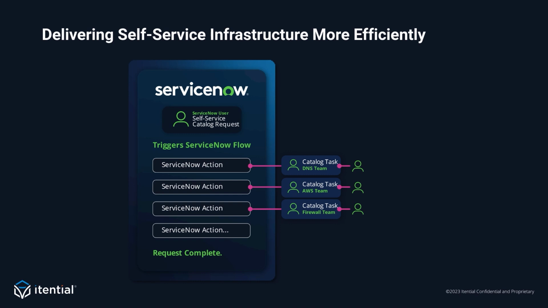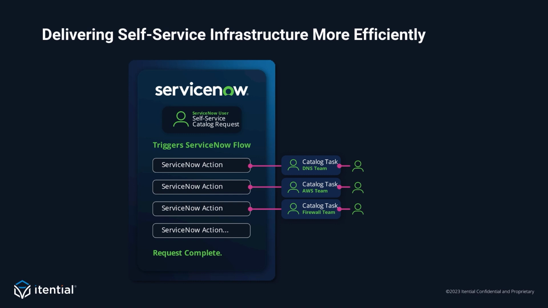So if you have a complex network request that needs these three separate legs of services, you would have three separate tickets, one for each team. Without Itential, each team would get a ticket, and they would assign team managers and engineers to that ticket once the request comes in.